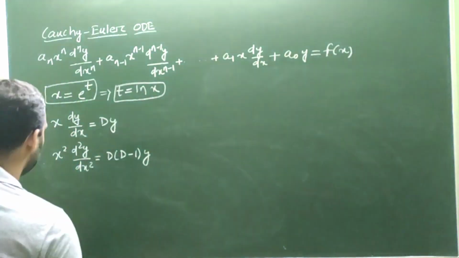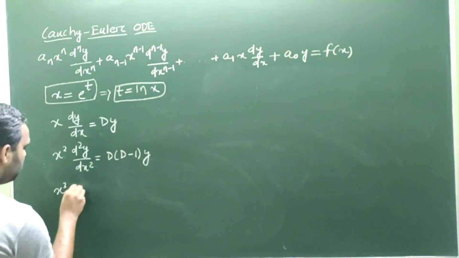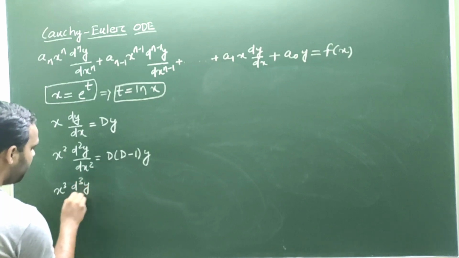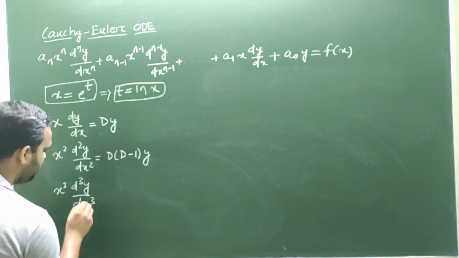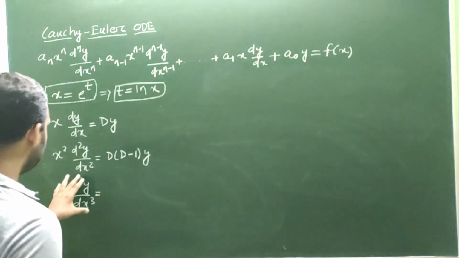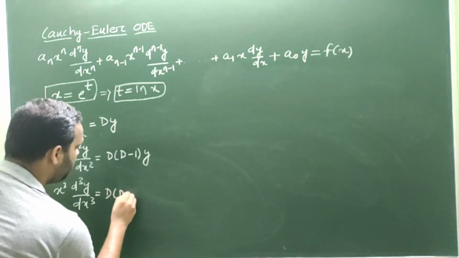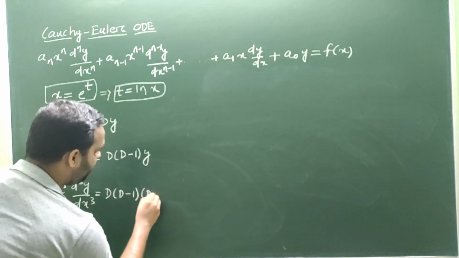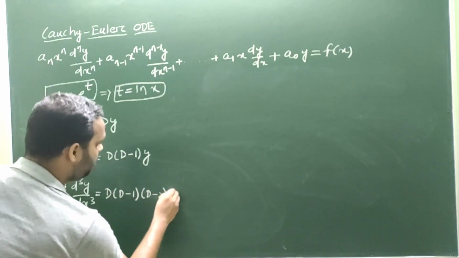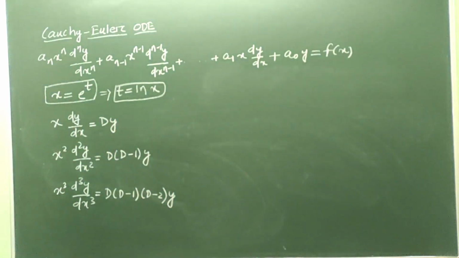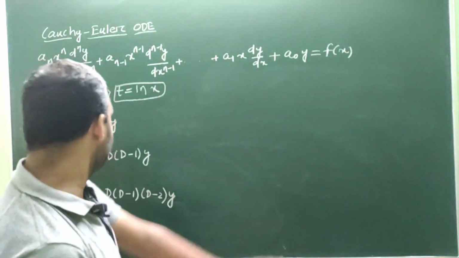Similarly, if you proceed, x cube d cube y by dx cube will be D into (D minus 1) into (D minus 2) of y. Right? So this process goes on and on.